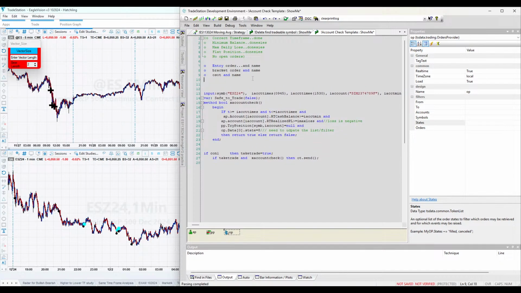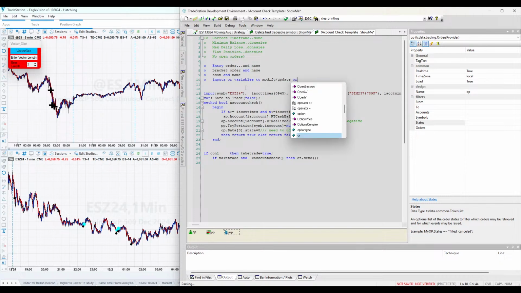I think I may need some inputs or variables to modify or update orders before.